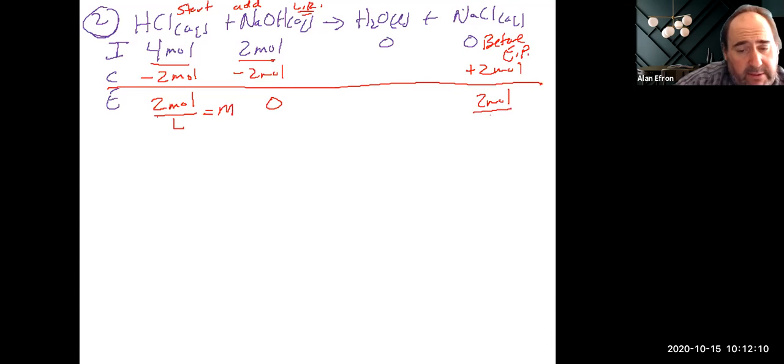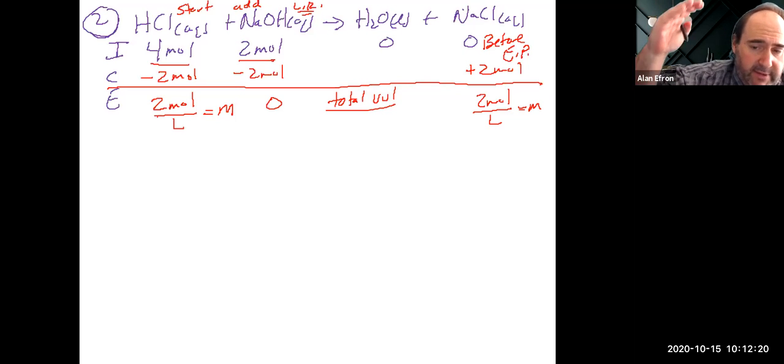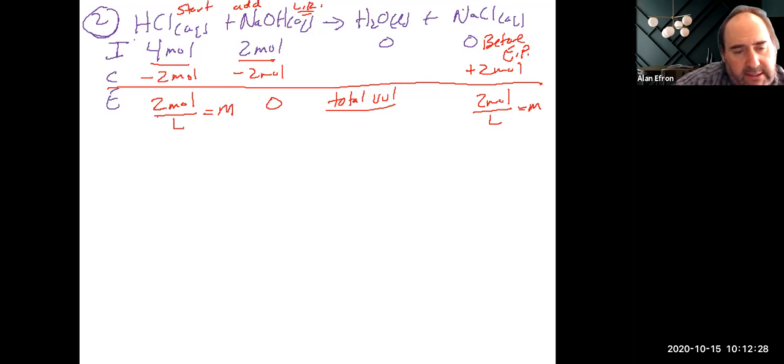We would do that by using our total volume, which is how much we started with in the beaker plus how much we added from the burette to get to this point. So you want to divide by the total volume. When you look at these things, what you have left is HCl and sodium chloride.